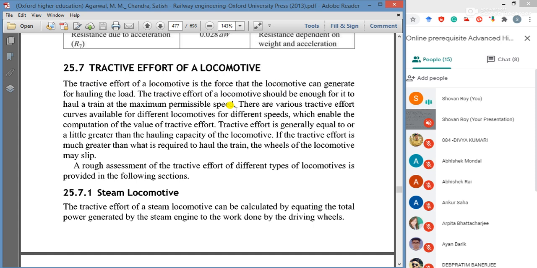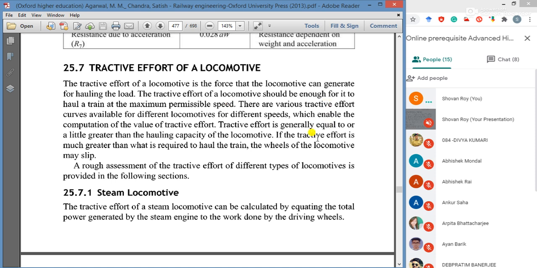The tractive effort should be enough for it to haul a train at the maximum permissible speed. There are various tractive effort curves available for different locomotives for different speeds, which enable the computation of the value of tractive effort. Tractive effort is generally equal to or a little greater than the hauling capacity of the locomotive.